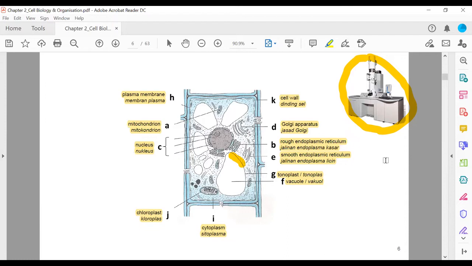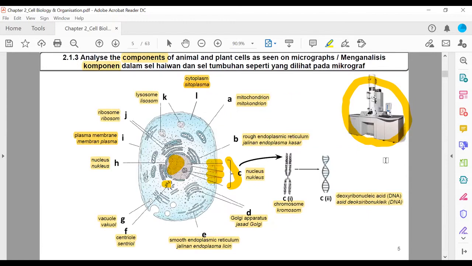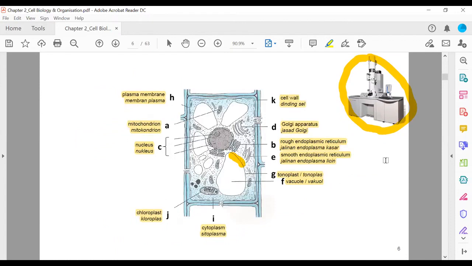Okay, so setakat ini kita dah tengok semua cellular components, komponen sel ataupun organel-organel yang ada dalam animal cell as well as plant cell. So now apa yang kita nak buat sekarang ni ialah kita nak tengok setiap satu organel ini satu demi satu.